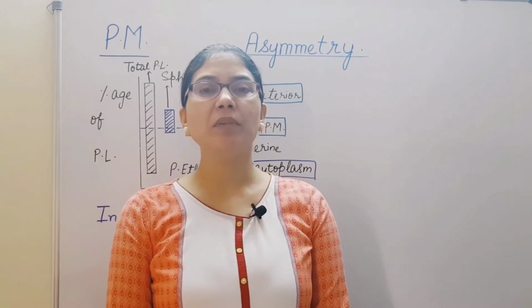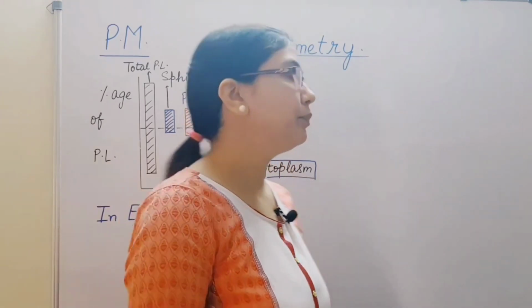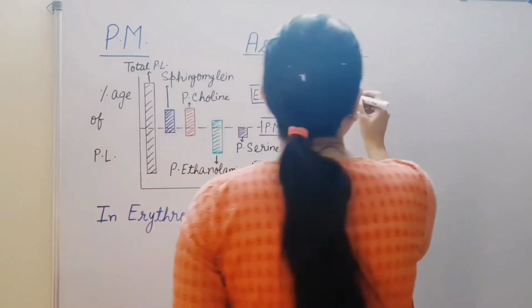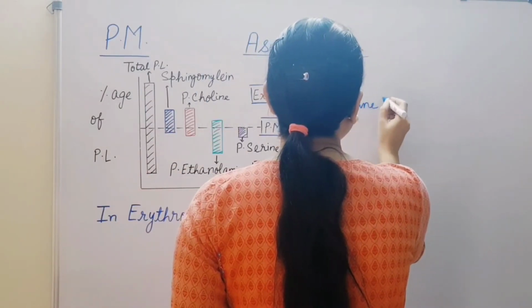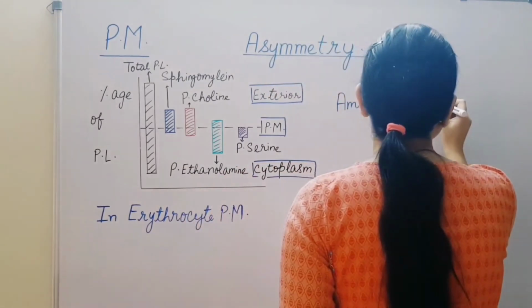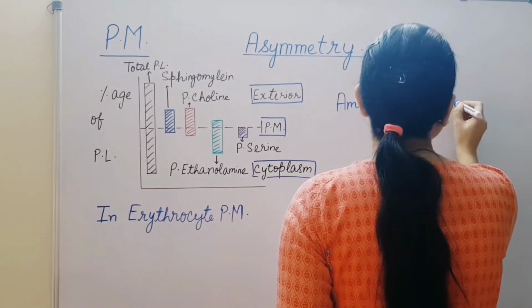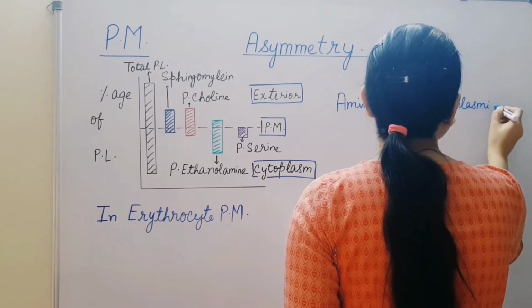Plasma membranes show asymmetry. It means phospholipids are asymmetrically distributed in the lipid bilayer. Amine-containing phospholipids are present more on the cytoplasmic surface.